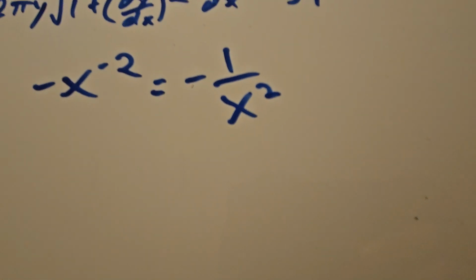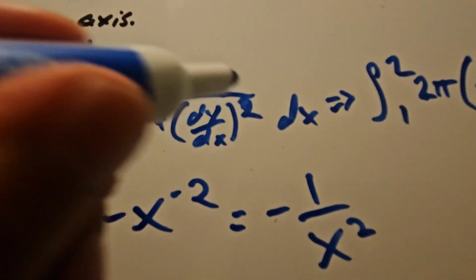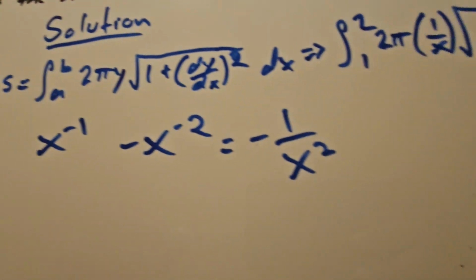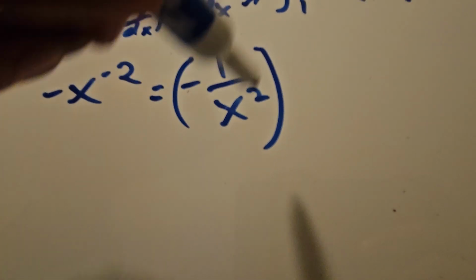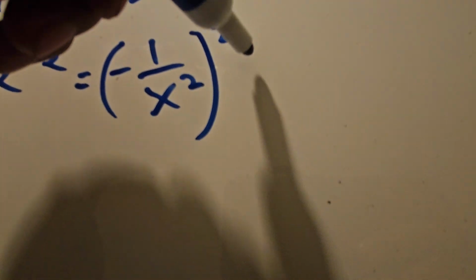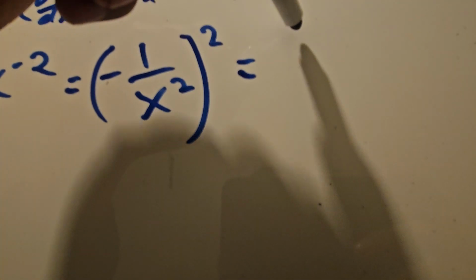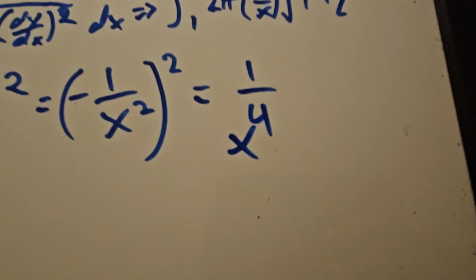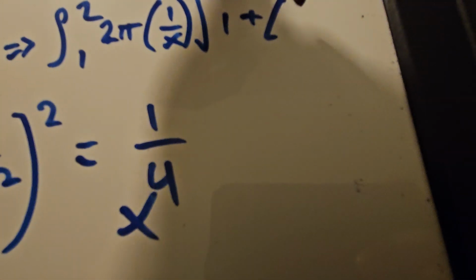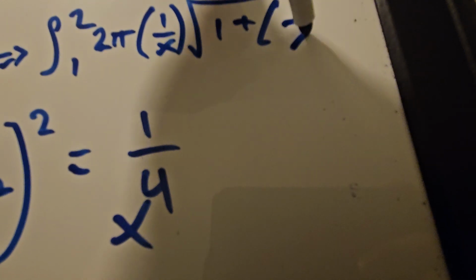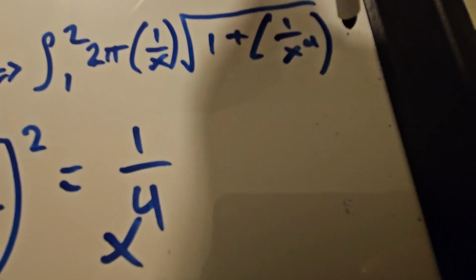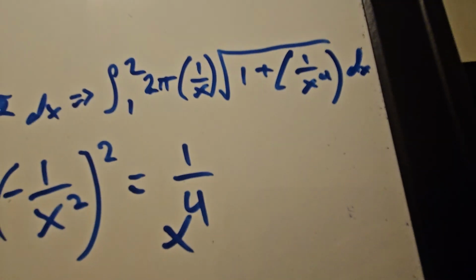The formula says to raise dy/dx, the derivative of y with respect to x, to the 2nd power. That gives us 1 over x to the 4th power, dx.